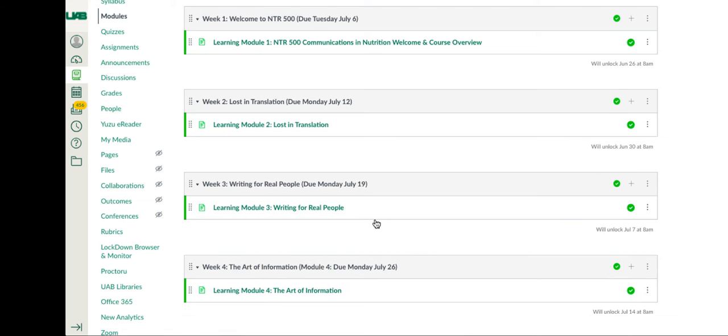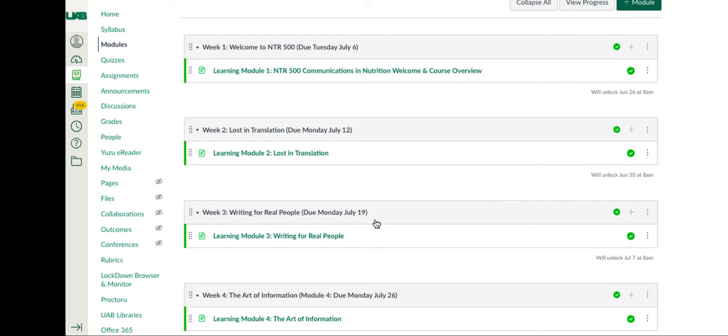But let's take a look at the learning modules, because one of the important things that you need to understand about this course is that everything is organized in learning modules. For those of you that have taken classes in our department before, or perhaps you've had me as an instructor before, this is going to look super familiar. So again, everything is organized in learning modules.